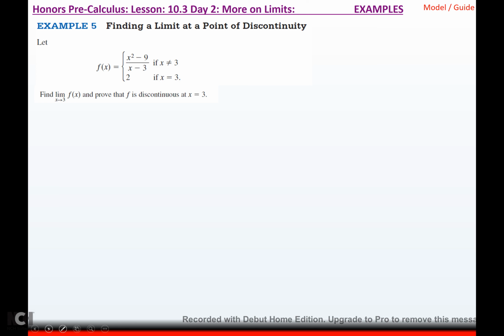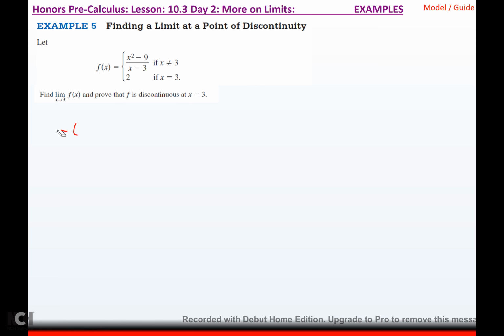Alright, so if I try this one, it says find the limit as x approaches 3 and prove that f is discontinuous at x equals 3. If you get two different values, then it is not the same. Excuse me. To find the limit as x approaches 3, if I plug in 3 in the bottom, division by 0 is illegal.